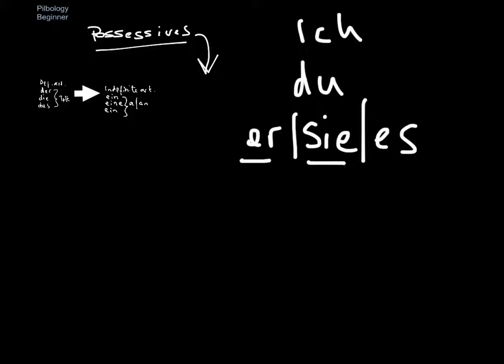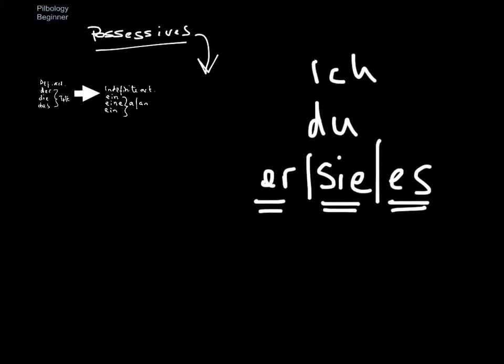Sie means she. Es is kind of a generic word for it. So it's only one thing you're talking about. So it is raining. It doesn't necessarily refer to anything apart from the fact that there is rain falling from the sky. But rather than saying there is rain falling from the sky, you would say it is raining. Es regnet. So this rule applies for these ones.